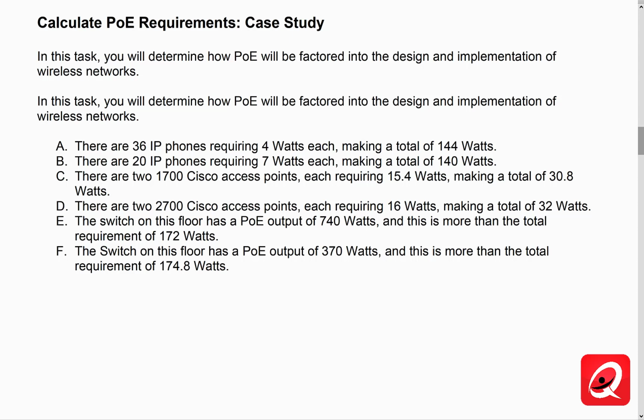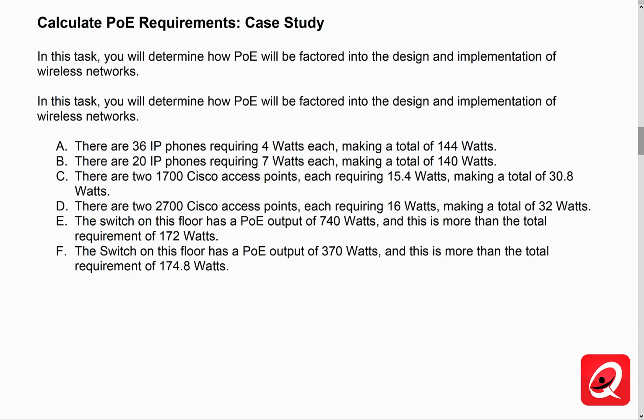I guess we have essentially, let's see, 100, 200, 284 plus 30 is 320.8, 360. So I guess they're kind of splitting it up.